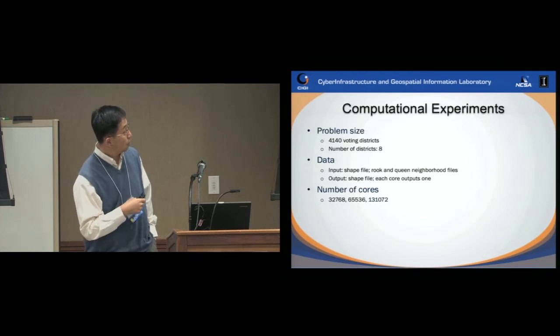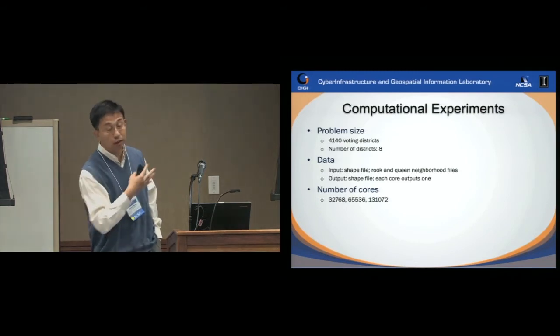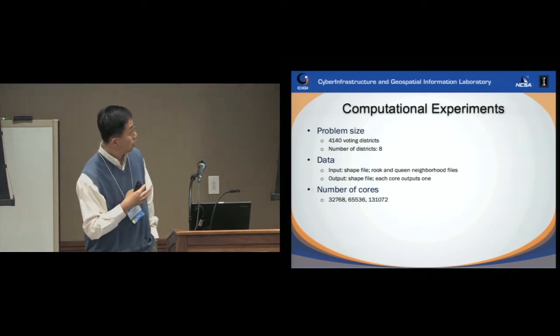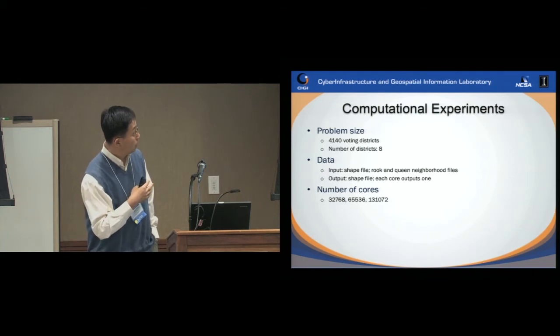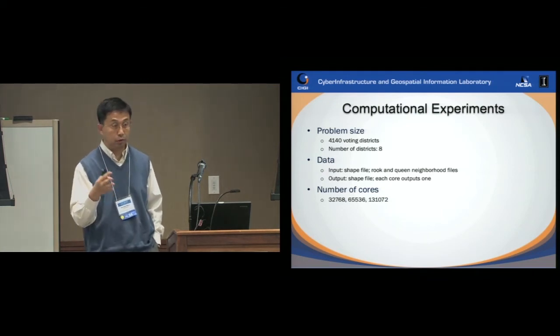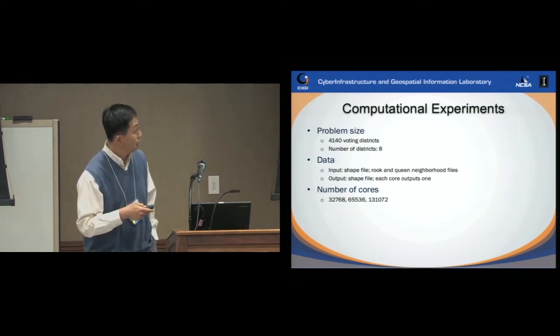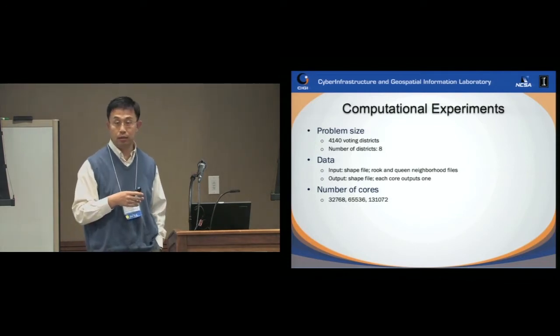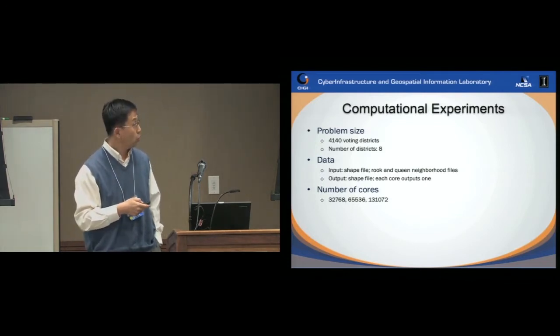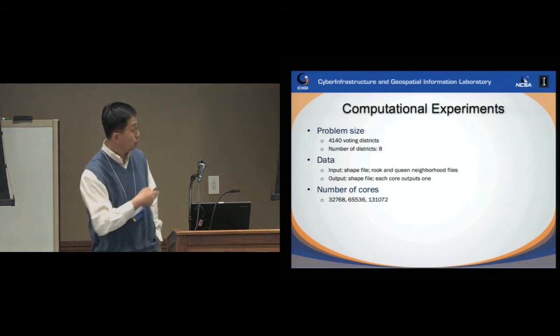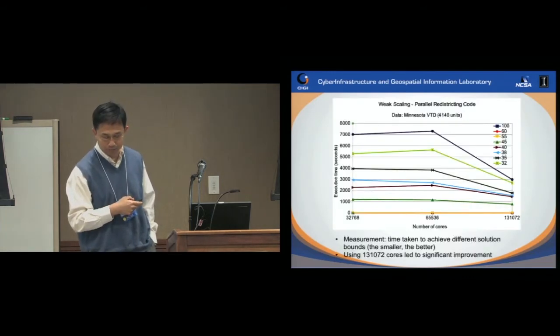In some computational experiments, we're currently looking at voting districts and data. If you're a GIS person, you know what I'm talking about: a shapefile. This is Esri stuff, representing topology. The number of cores goes up to 131K, and the smallest is about 30K.